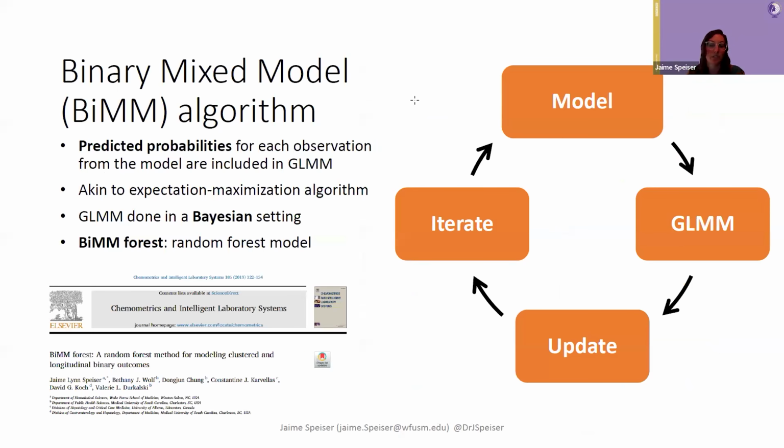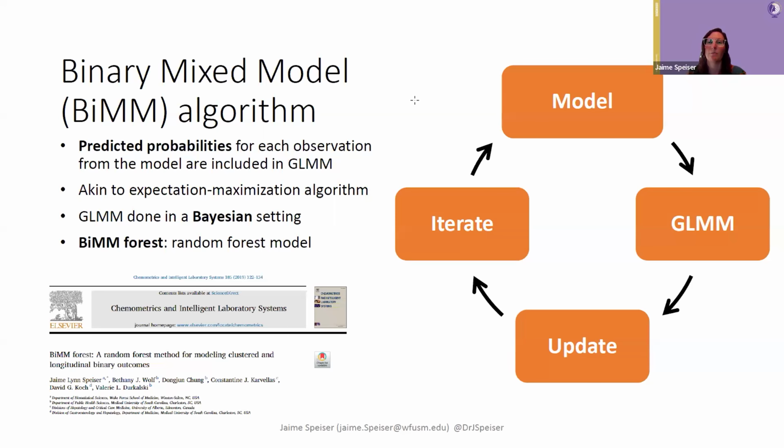I was one of the first to really focus on binary outcomes. In my dissertation work, I developed something called the binary mixed model algorithm, or BIM algorithm, where we fit some model. It could be a decision tree, a random forest, a neural network, whatever you want.